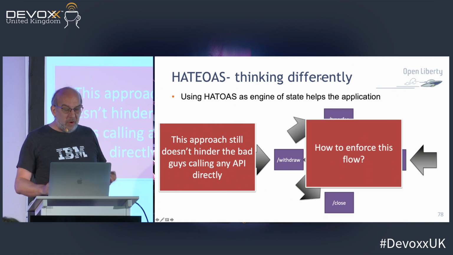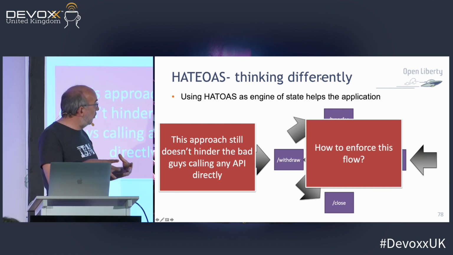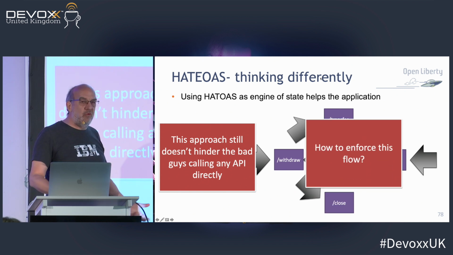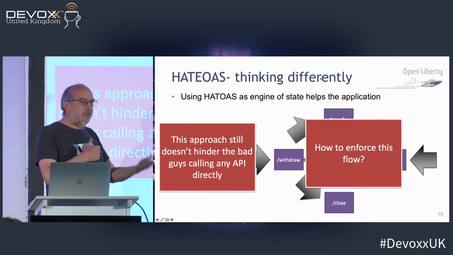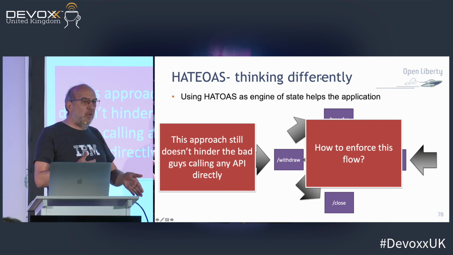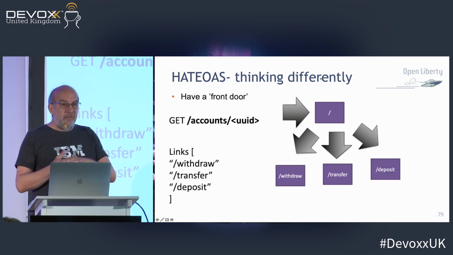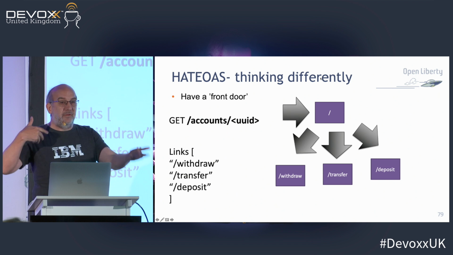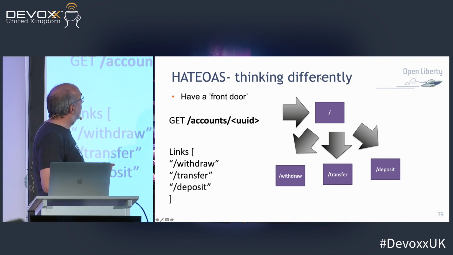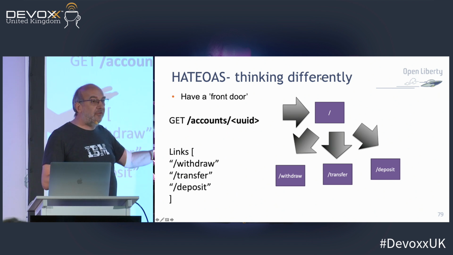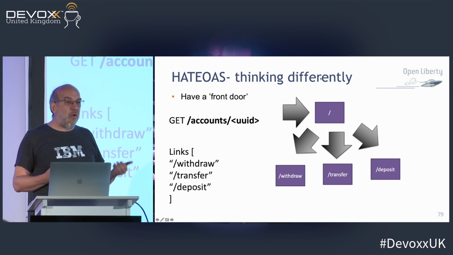Okay. So you want to say, how do I enforce the behavior, the flow around the system, given that the bad guys can see all the endpoints, can call them directly? Okay. Well, the approach you can take, I mean, it's just one, but you can get the idea, is well, you start off by having a front door. You don't let people go straight to endpoints.